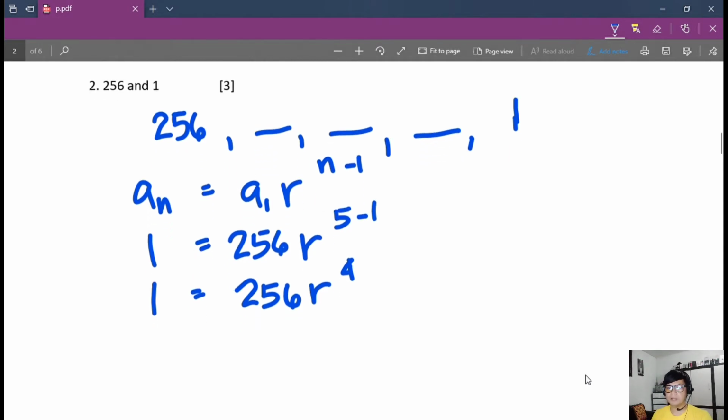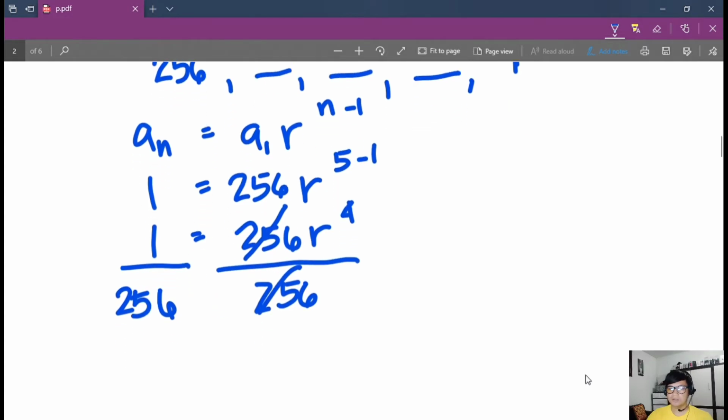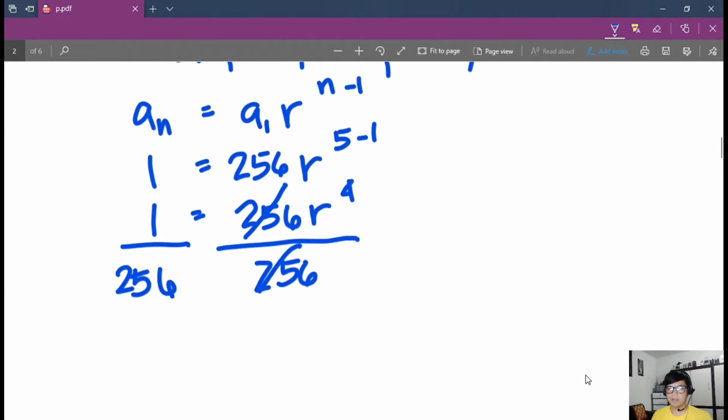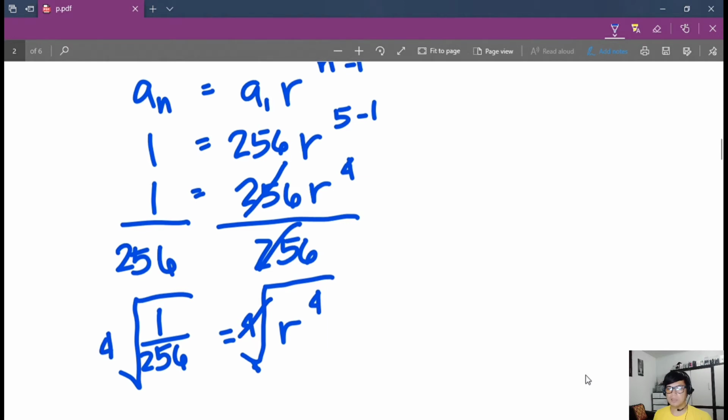So to remove the 256, we divide both sides by 256. So it's gone. What's left is 1 over 256 is equal to r to the 4th power. Now, we get the 4th root of both sides, 4th root, so that the power is removed.